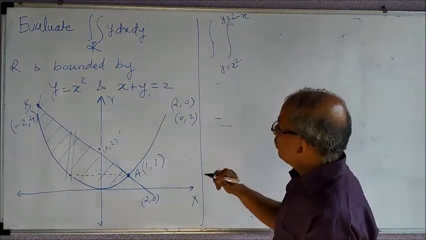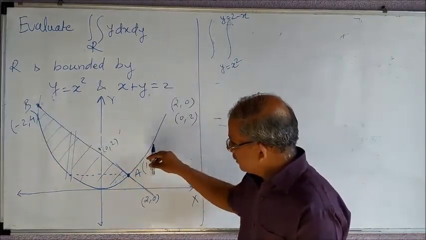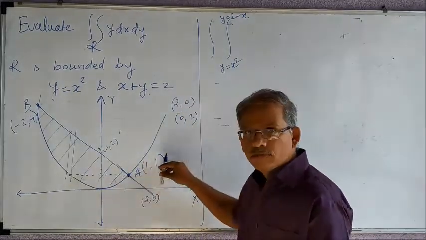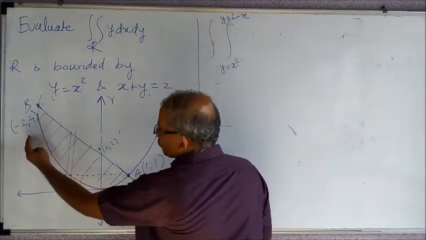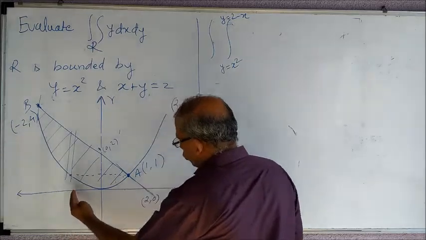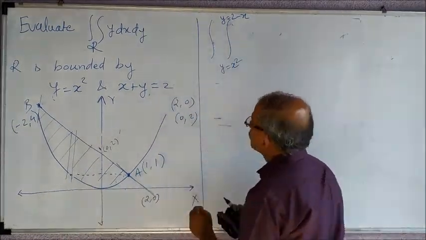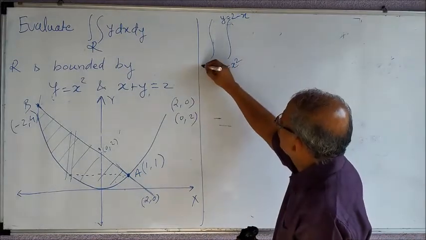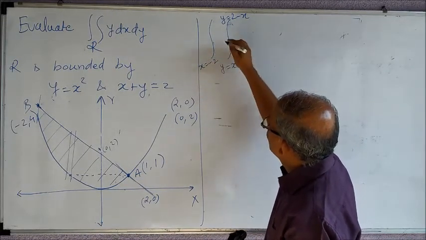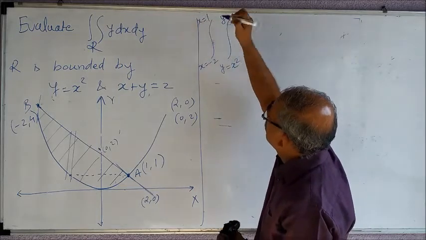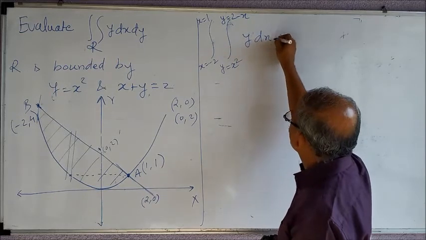And I am sliding this along the x-axis, sliding my pen like this to cover the entire area. So on the x-axis it goes from minus 2 to plus 1. See, minus 2 to plus 1. And inside we have y dx dy.